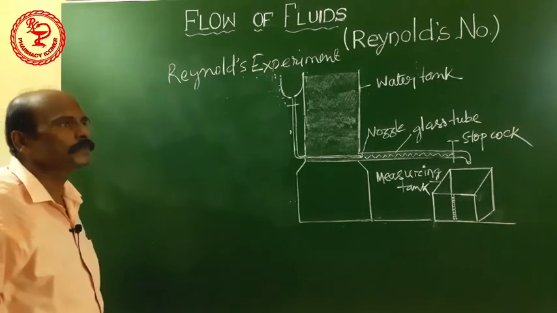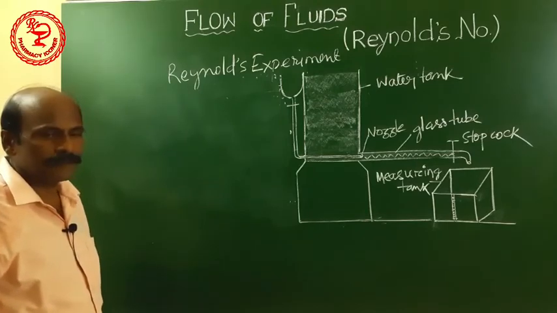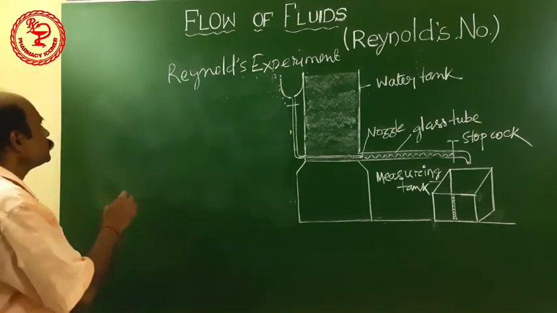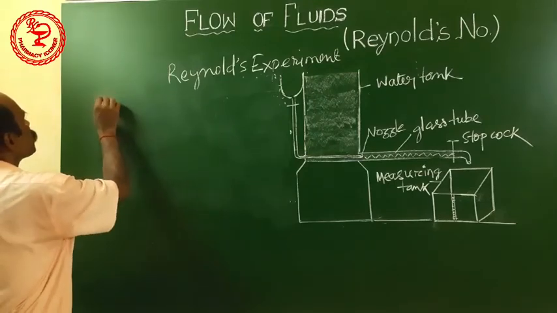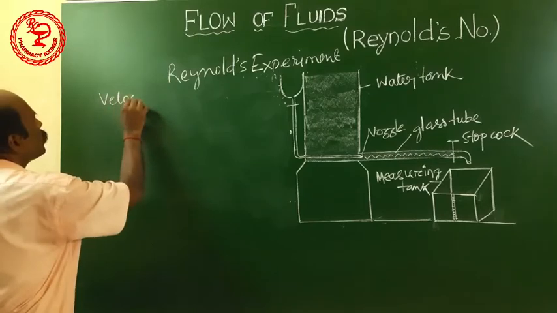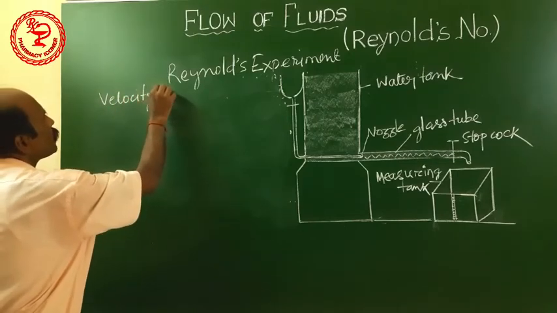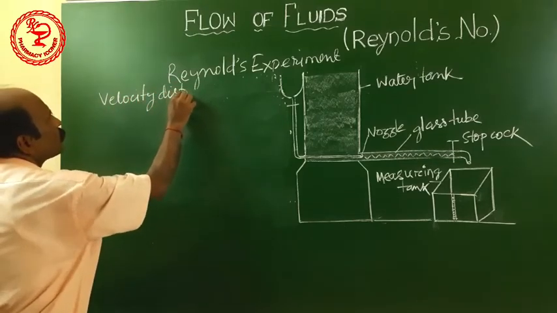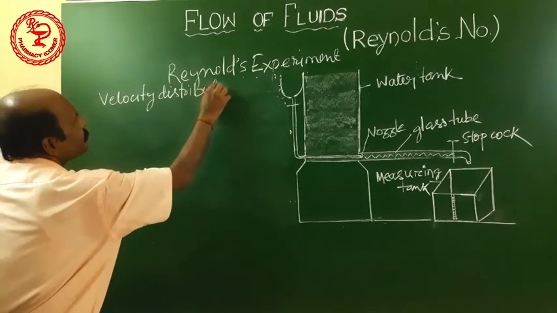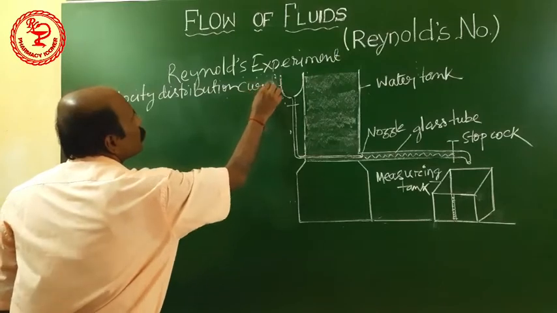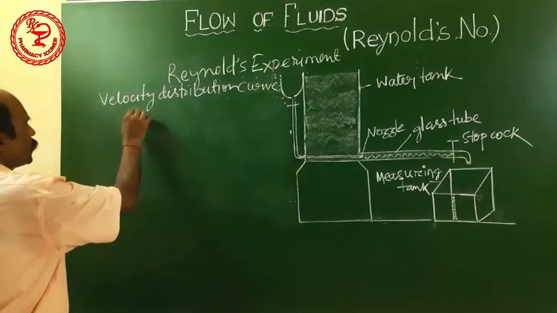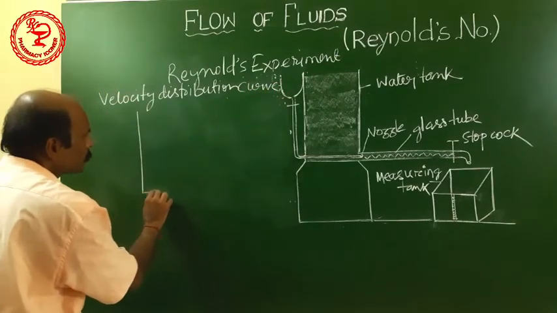Now we will draw a diagram, the velocity distribution curve. It is like that.